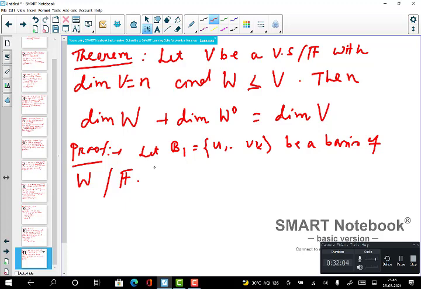Okay. Then extend this basis B1 to a basis of V. Let me write it down.